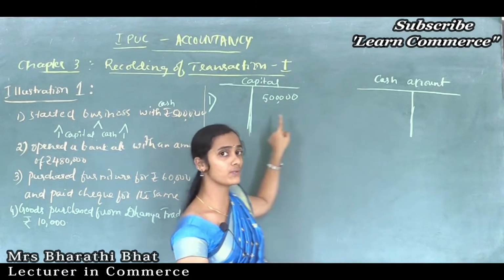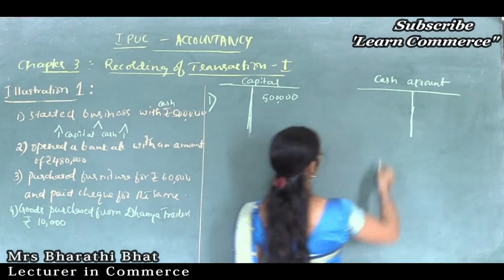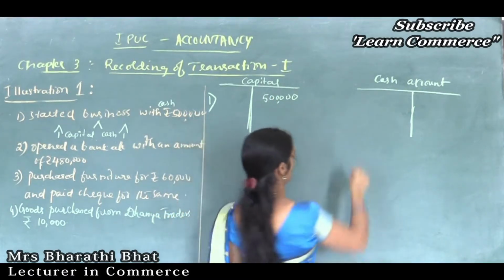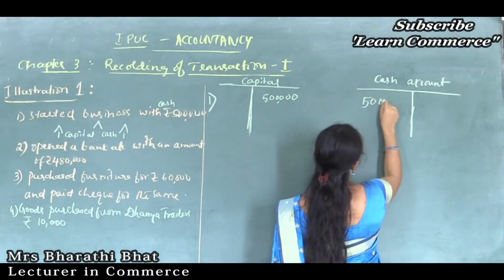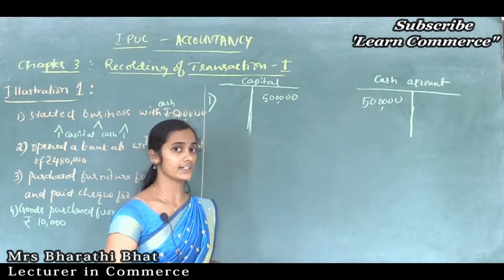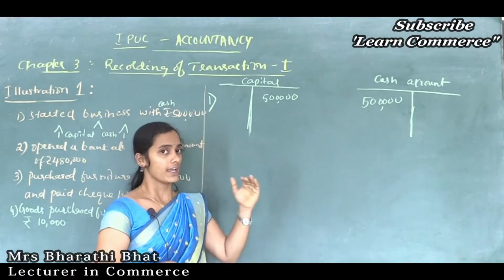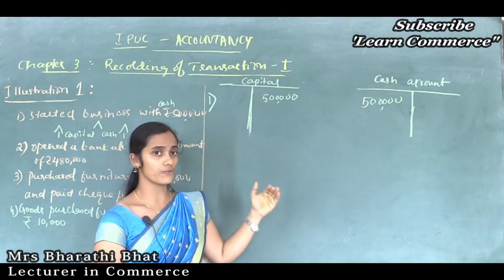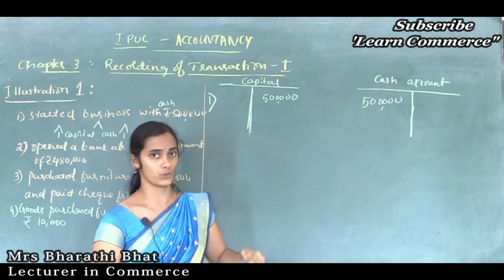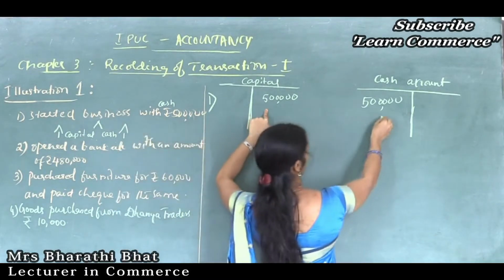So 5 lakh we should record under the credit side of the capital account, and increases in asset is to be debited. The accounting equation says that the amount debited must equal the amount credited. So the credit amount equals the debit amount.